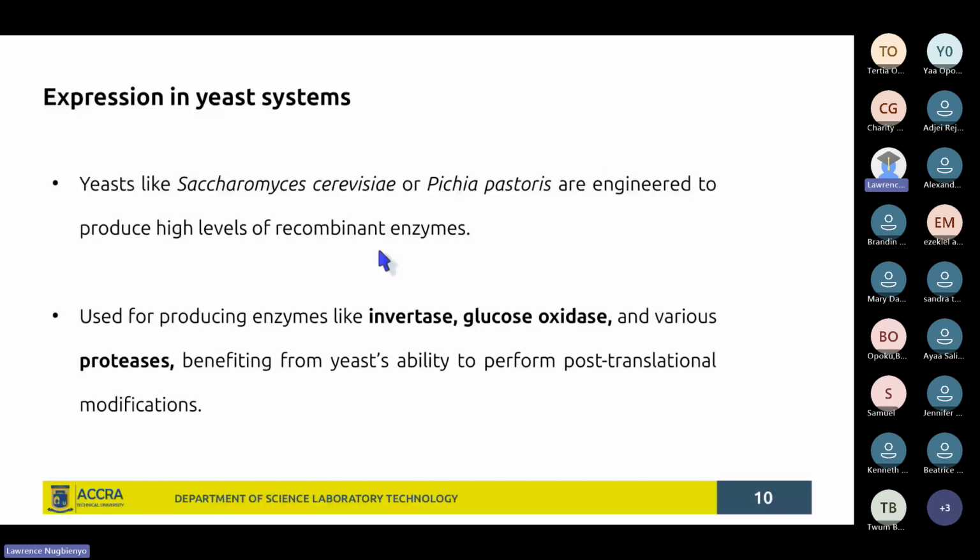And these enzymes usually are, say, invertase, glucose oxidases, proteases. And once they are produced, they get harvested, purified, and then they can be applied in, say, the food industry, because these enzymes specifically will be acting in the food industry.